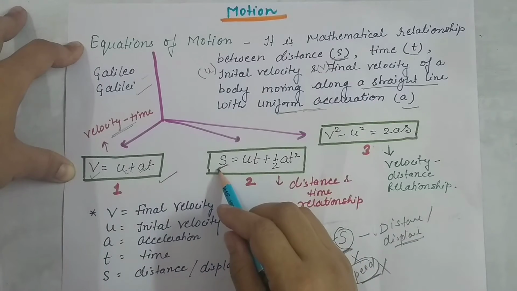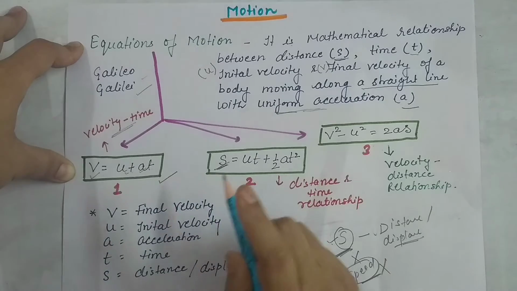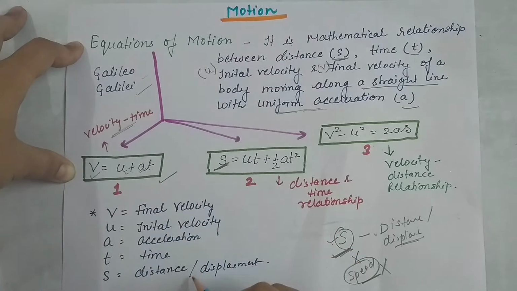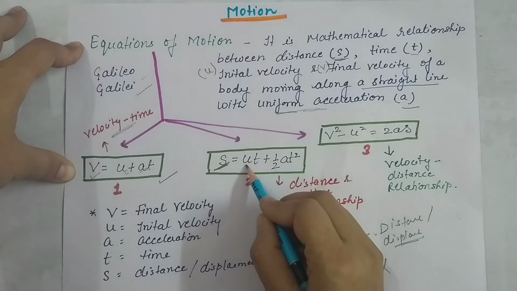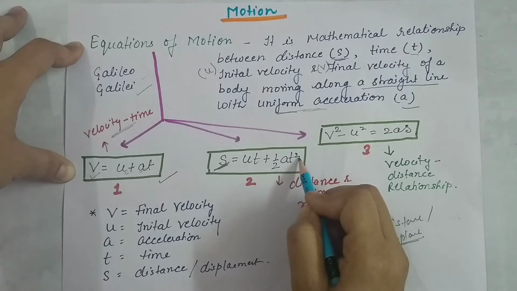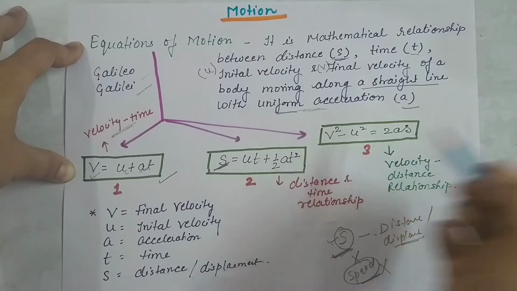So here s is distance or displacement, u is initial velocity, t is time, and half at square involves acceleration and time.